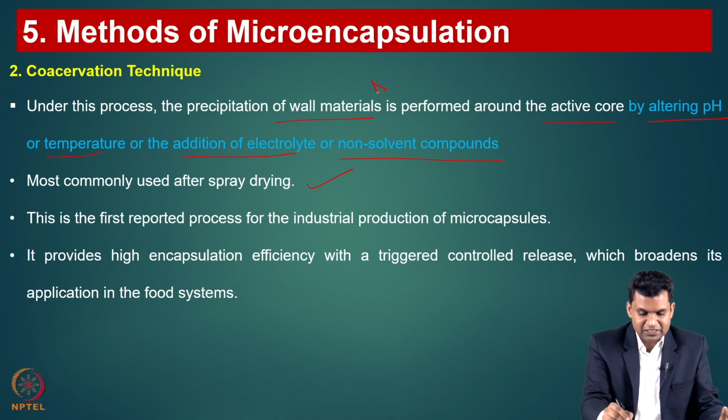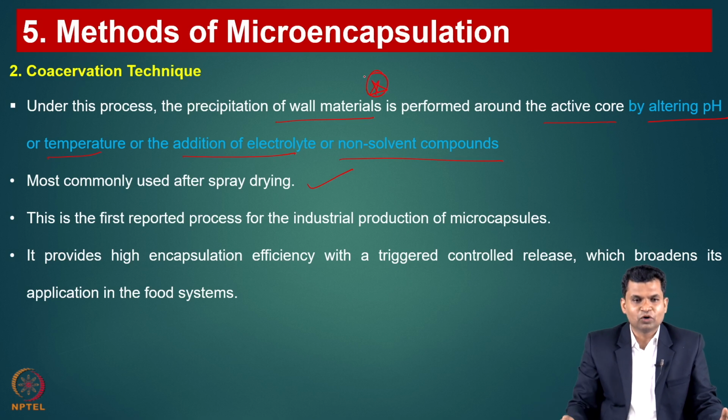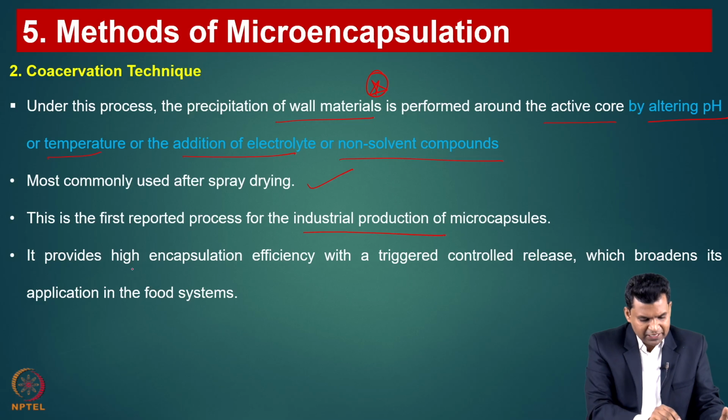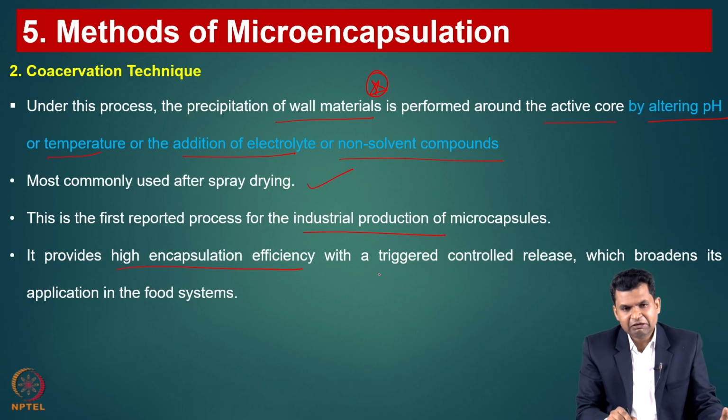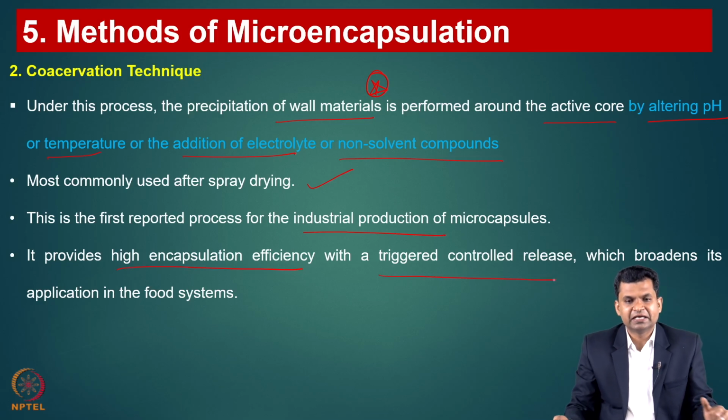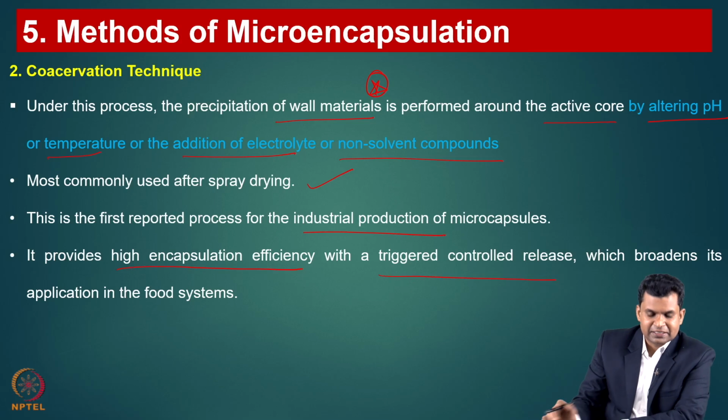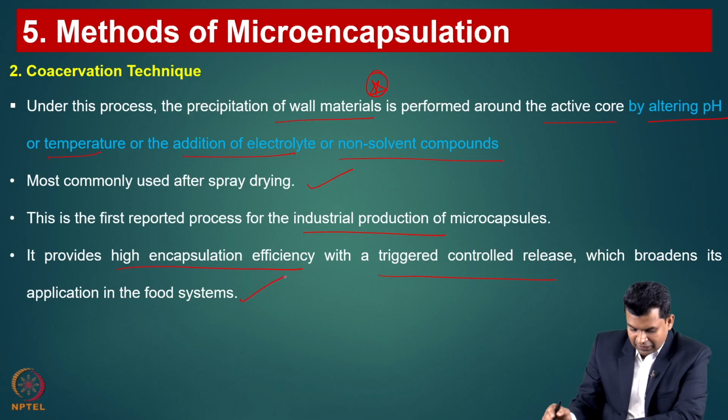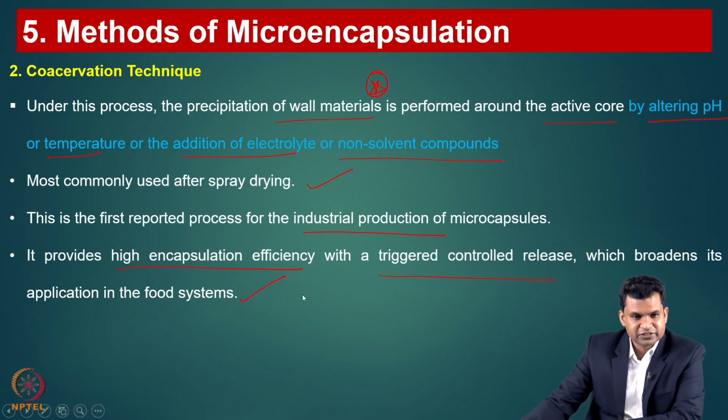So, there you will see the precipitated wall materials. It is one of the most commonly used techniques in industries also, it gives high encapsulation efficiency, it helps in controlled release, and it has wider application in food technology also.